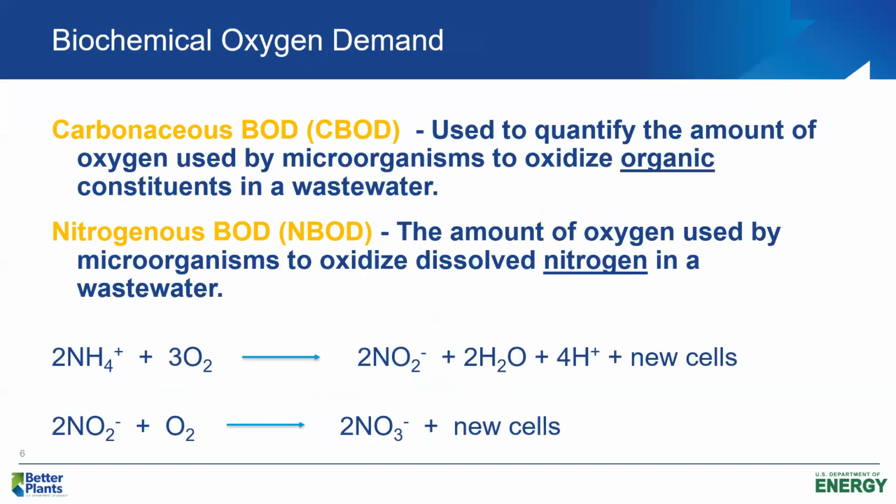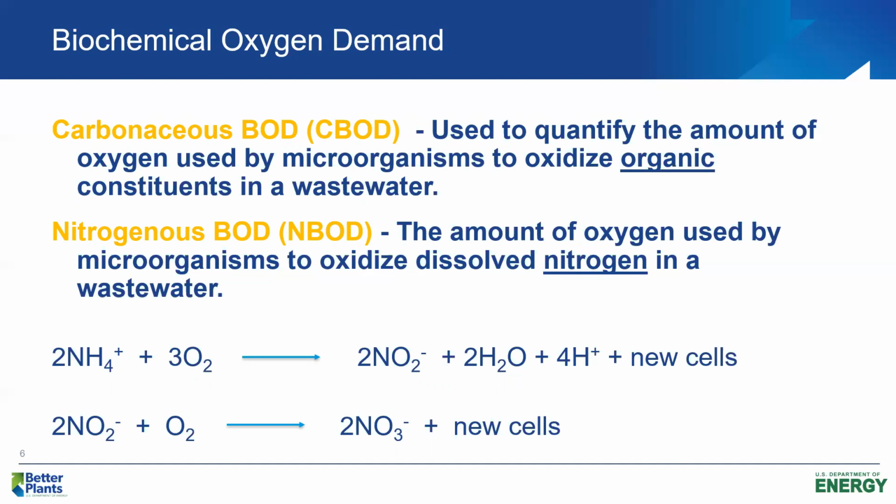A couple of types of BOD that we need to be aware of. We have carbonaceous BOD and we have nitrogenous BOD. What we need to understand is that carbonaceous BOD is simply the oxidation of organic matter to CO2 and water and other end products to generate energy. Nitrogenous BOD is done by a different set of bacteria. We call them the nitrifying bacteria, and they oxidize dissolved nitrogen, primarily ammonia.